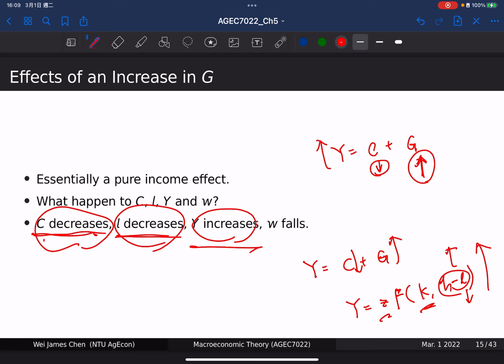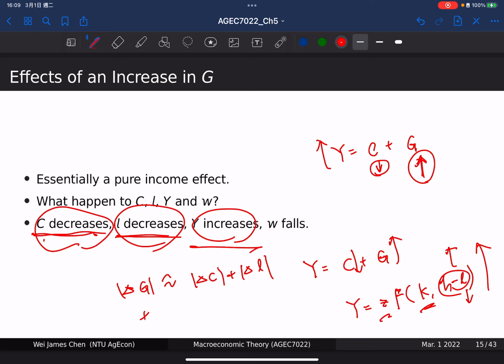So this force is split into C and L. So the increase in G is, not exactly an equal sign, but approximately the decrease of consumption plus the decrease of leisure.